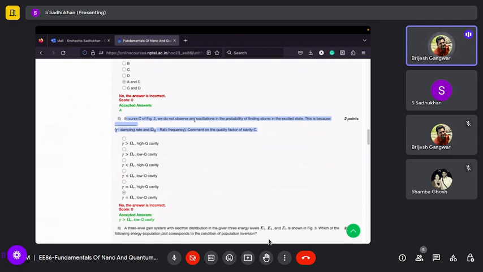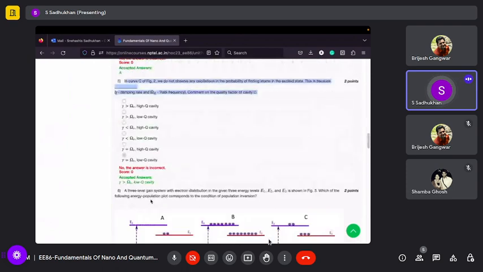This is because, then what is your answer? Actually, sir, here this option that gamma equal to omega r and low Q cavity. This is also correct, right?